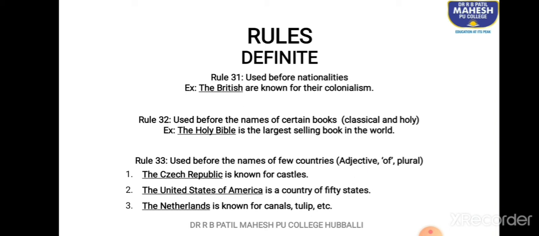The United States of America is a country of 50 states. Finally, the third example here is the Netherlands is known for canals, tulips, etc. So it's not Netherlands is known for, it's the Netherlands is known for, because Netherlands is in plural form. I hope you have understood this particular rule.